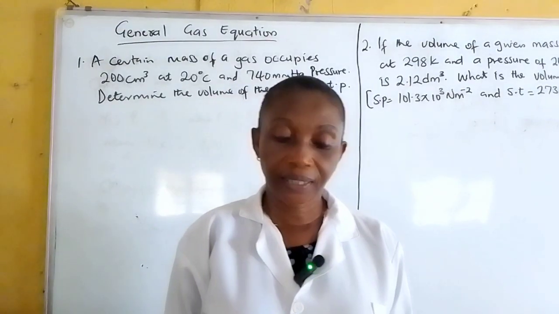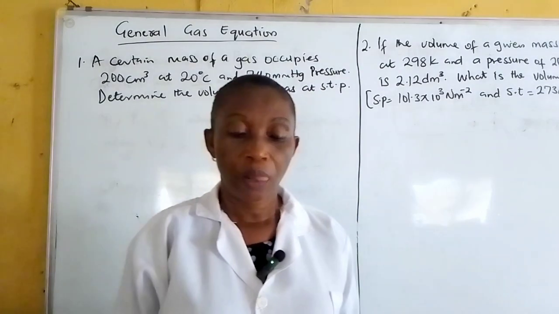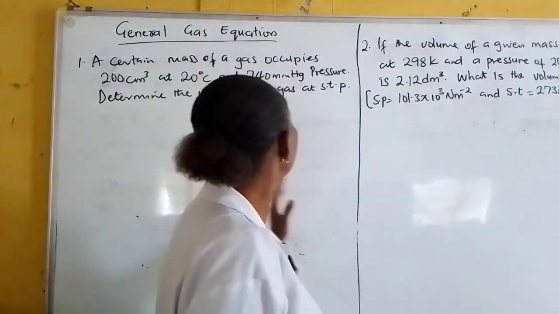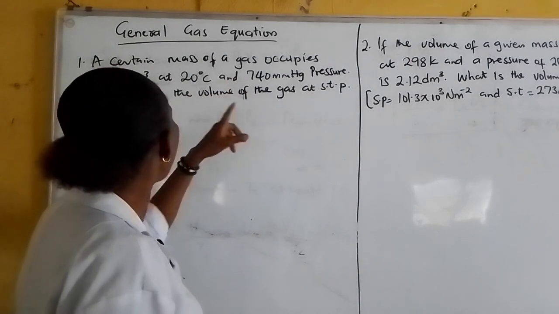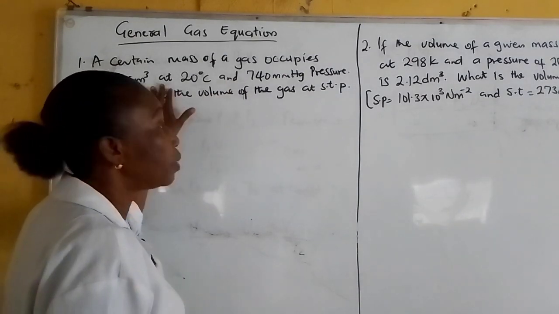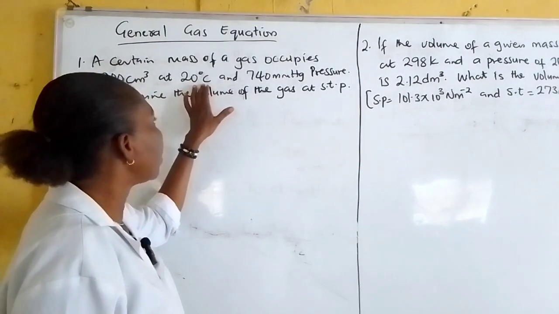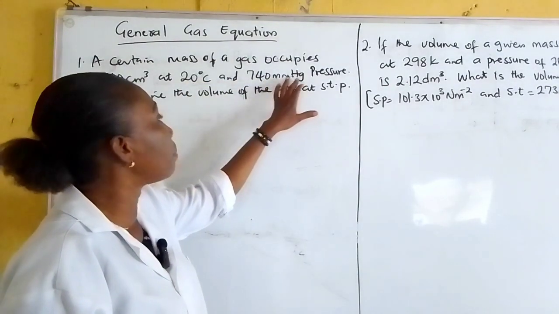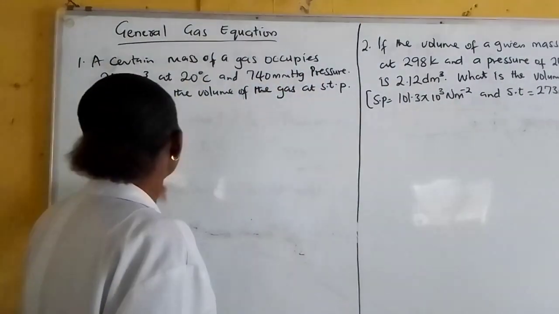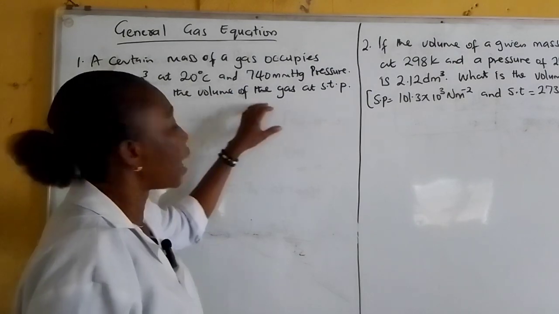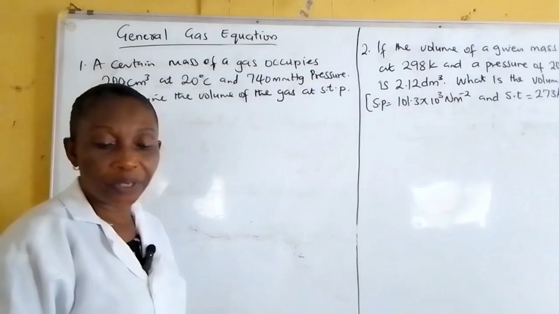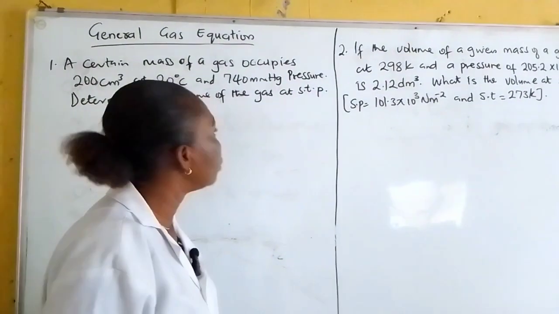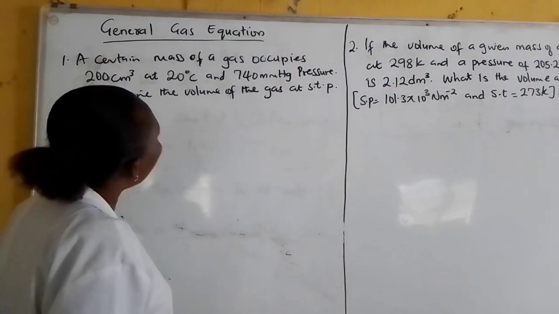All right, let's take some problems. Question number 1. A certain mass of a gas occupies 200 cm cube at 20 degrees centigrade and 740 millimeter mercury pressure. Determine the volume of the gas at standard temperature and pressure, STP. Now, how do we go about this?